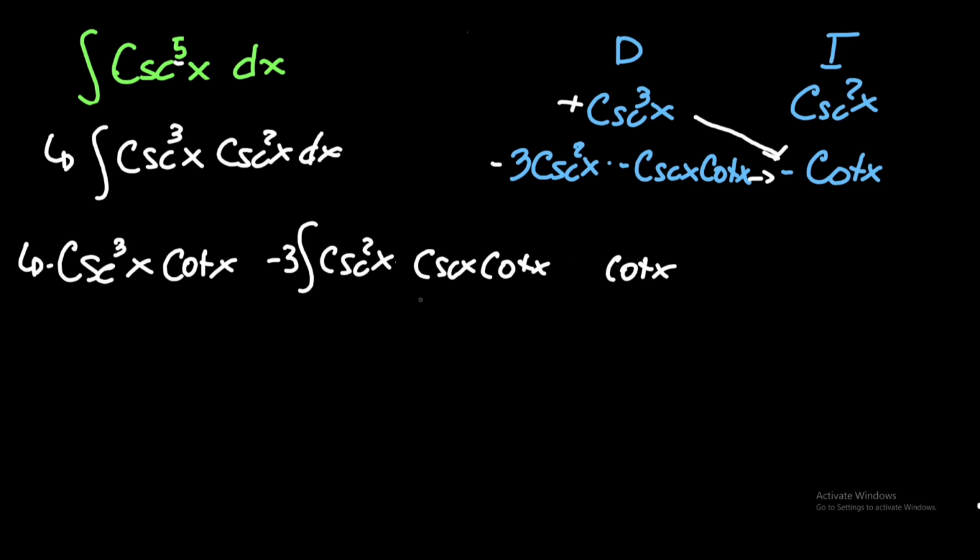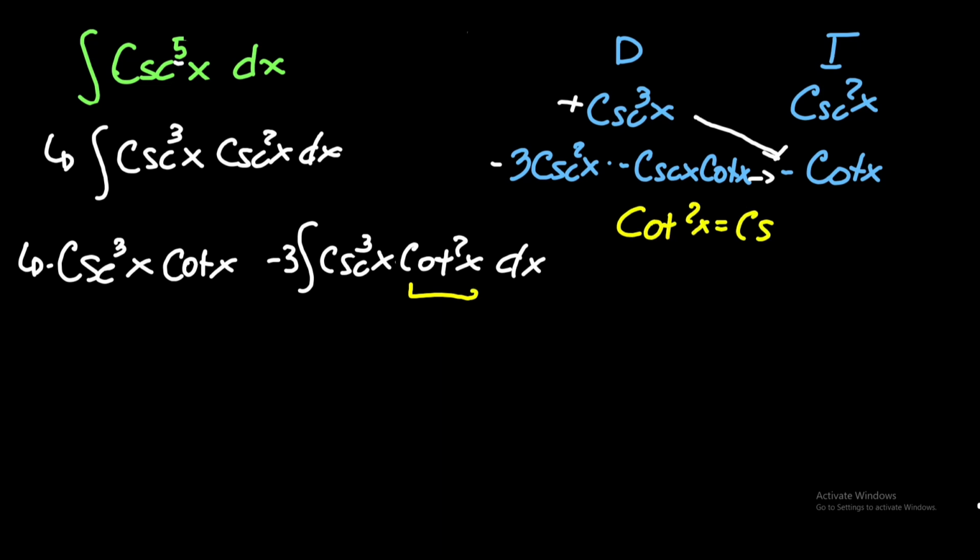And so we have cosecant x here, so this can be cosecant cubed of x. And there are two cotangent of x, and so this will be cotangent squared of x dx. And so we can transform cotangent squared of x into its trigonometric identity, which is cosecant squared of x minus 1.